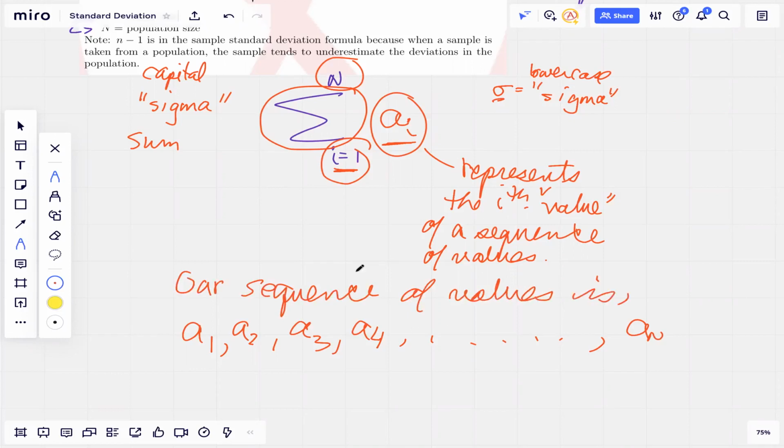So this sum, this purple capital sigma, is telling us to take the sum, or add up all the values in the sequence, and the sequence is represented by this a sub i. In other words, we're going to add them all up: a1 plus a2 plus a3 plus a4 plus all the way up to a sub capital N.